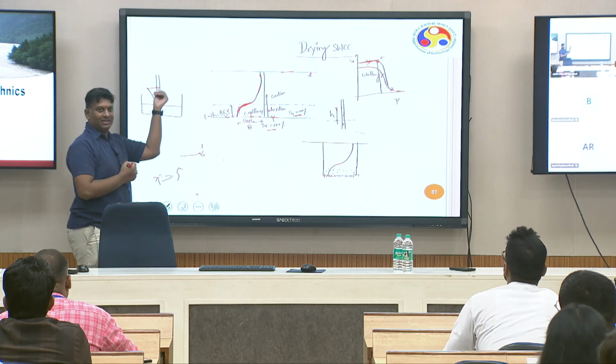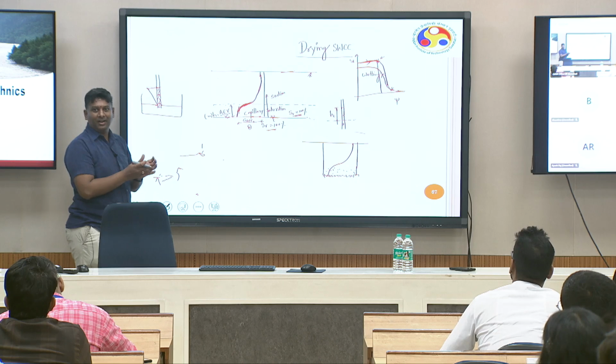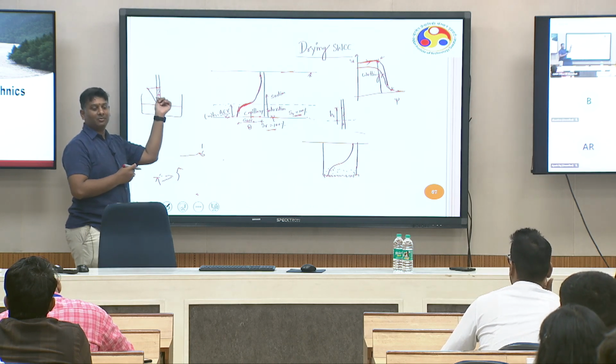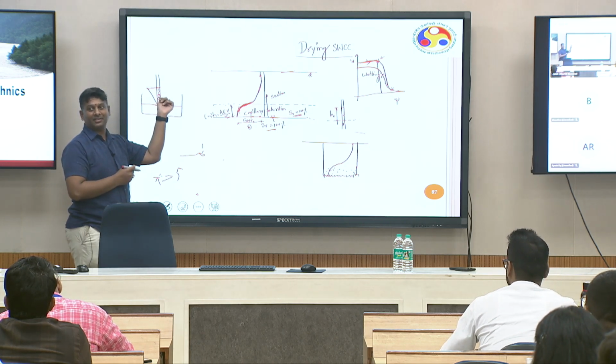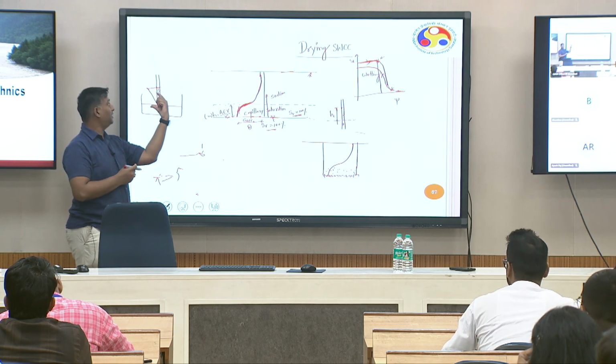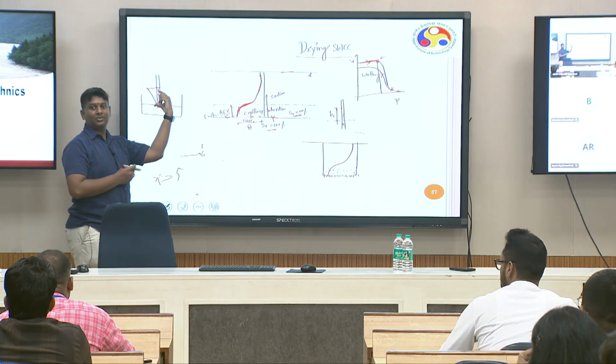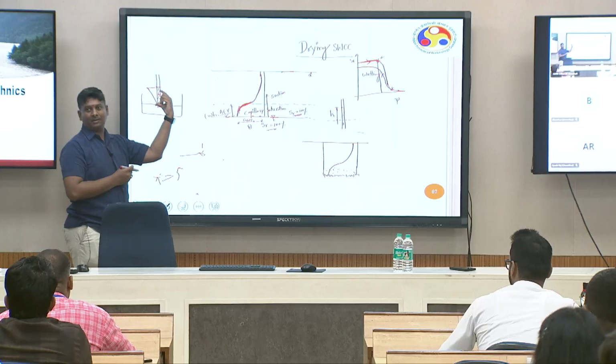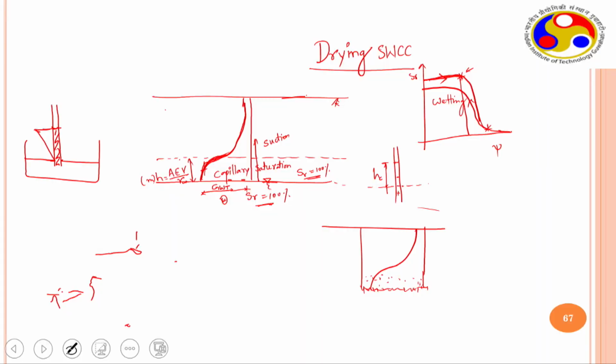So within this capillary, the water potential is negative, suction is negative, but it is fully saturated. There is no doubt about it. There is no air in it, right? So that is what we are talking about here. Although within the capillary rise or up to this particular height, the soil is fully saturated, there is a negative pressure or suction within it.